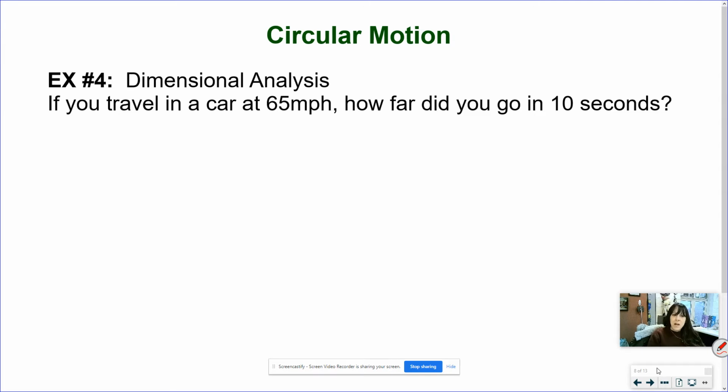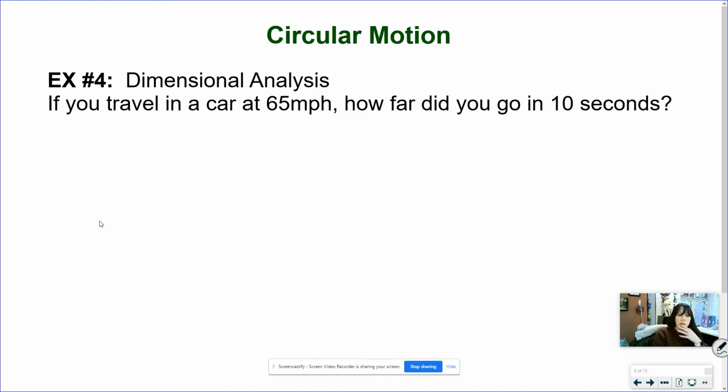So here's what I mean. It says if you travel in a car at 65 miles per hour, how far did you go in 10 seconds? Well, the one measurement is in relation to hours, and the other is in seconds. So we've got to get on the same playing field before we can plug anything into that linear velocity formula.